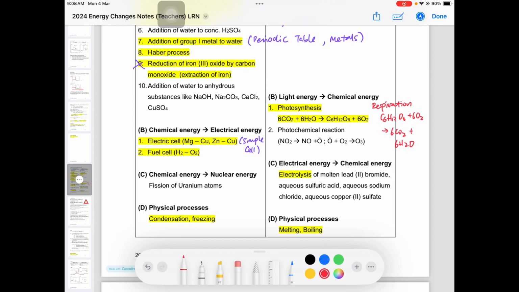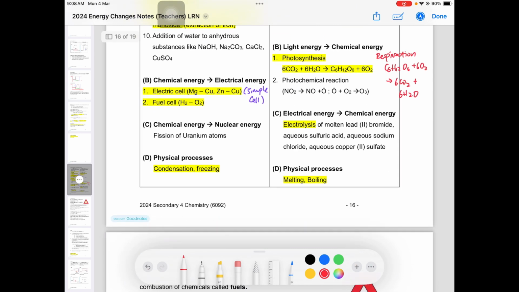We learned electrolysis. Electrolysis is endothermic, as well as two physical processes, melting and boiling. For these physical processes, some students find it easier to remember melting and boiling as endothermic because you learned in kinetic particle theory last year that in order to overcome attractive forces during melting and boiling, energy has to be absorbed by the particles.